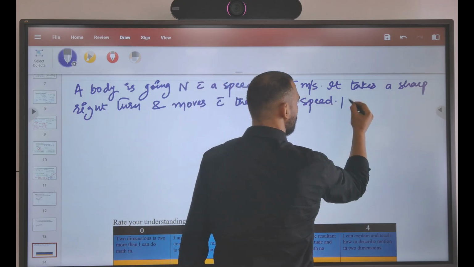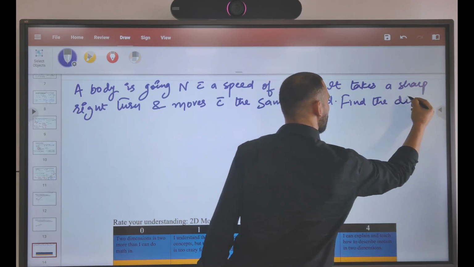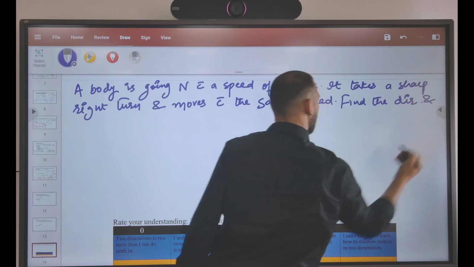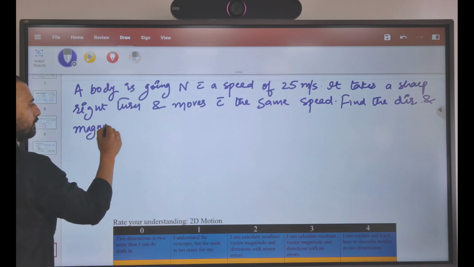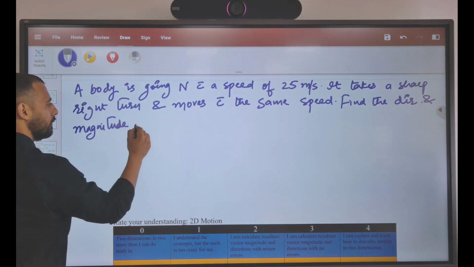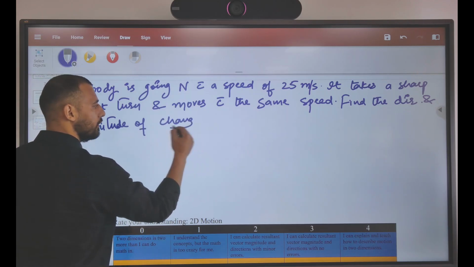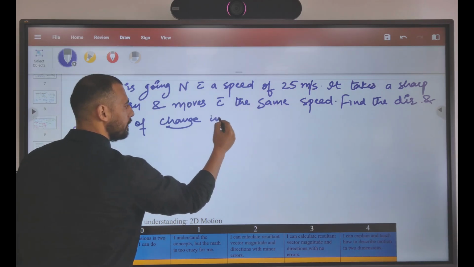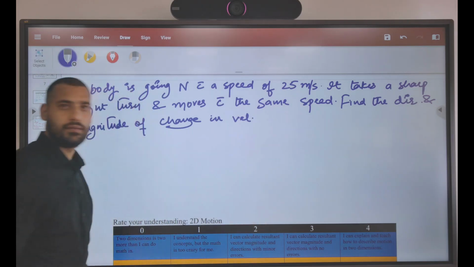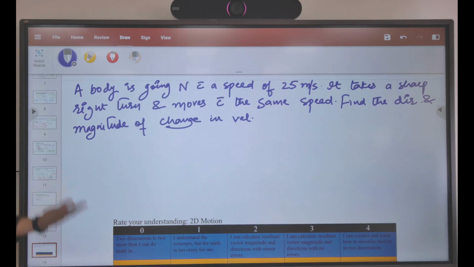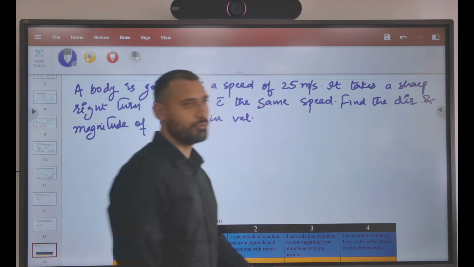Find the direction and magnitude of the change in velocity, right? Change in velocity. Okay, see. So can you grab this? Can you try to solve it? Dulcie, home, you have to do it.